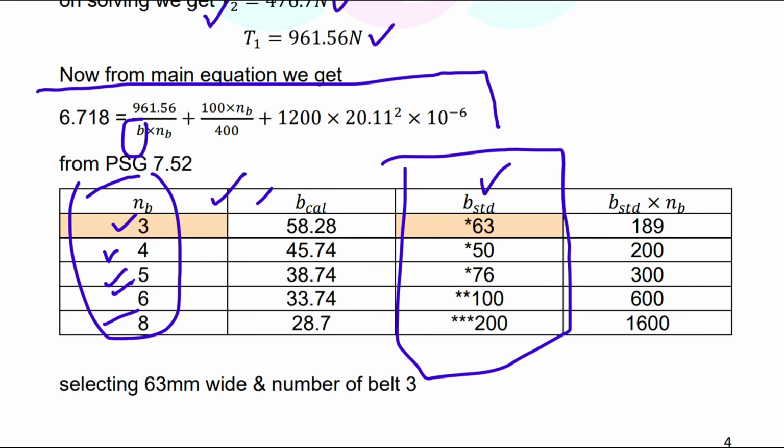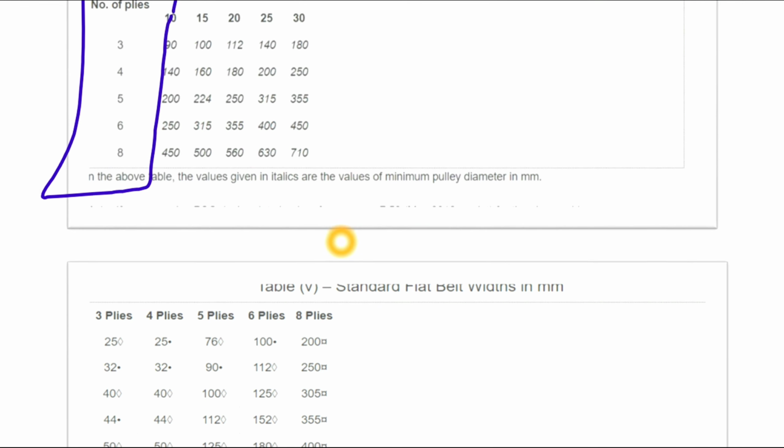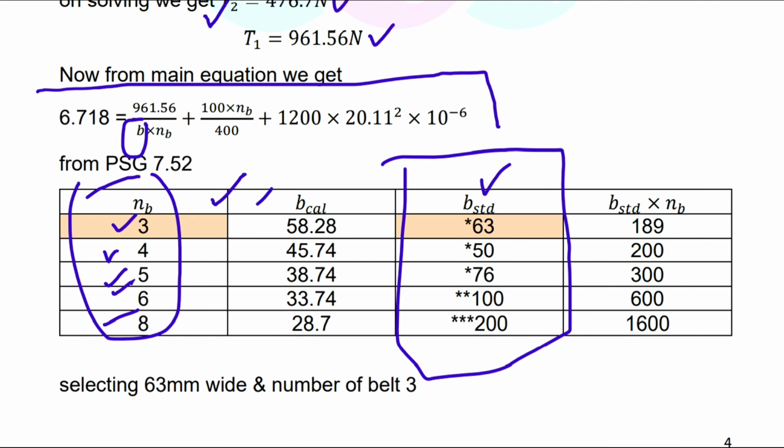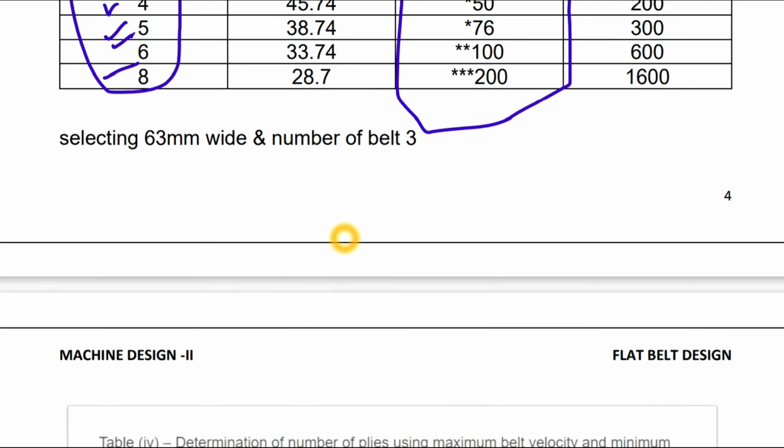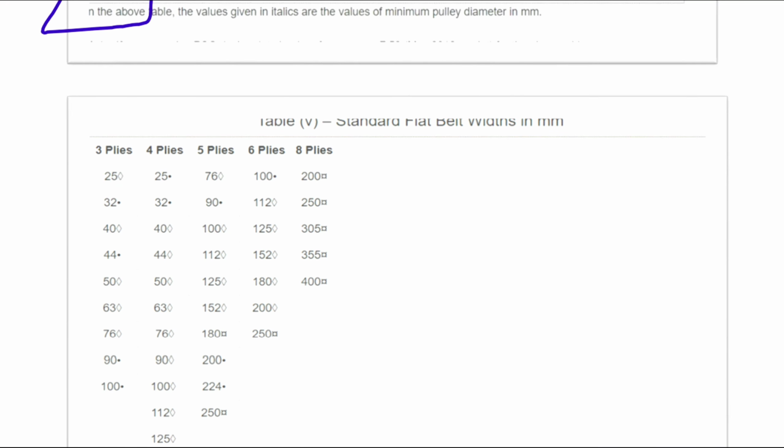Now you got the calculated value 58.28 for number of plies 3. So take the next value. See 3 plies, 58.28, the next value is 63.